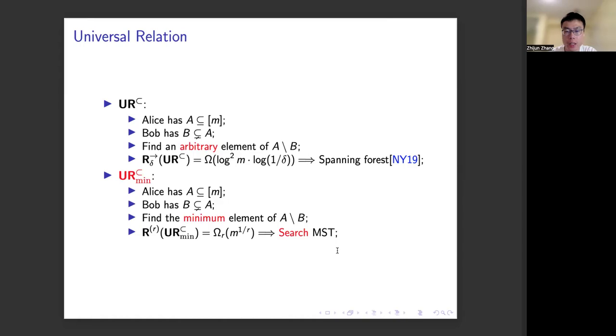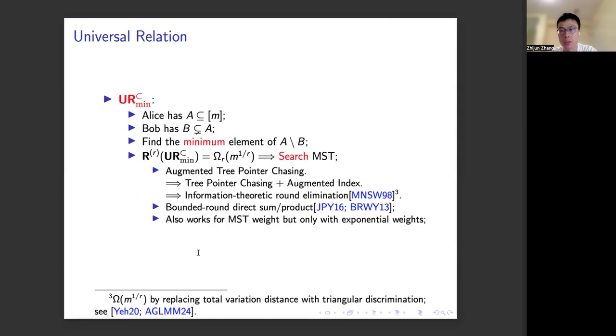So by the reduction I showed previously, it's sufficient to show a round versus computation trade-off for this mean version of a universal relation. Okay, just a bit more detail for the proof here.